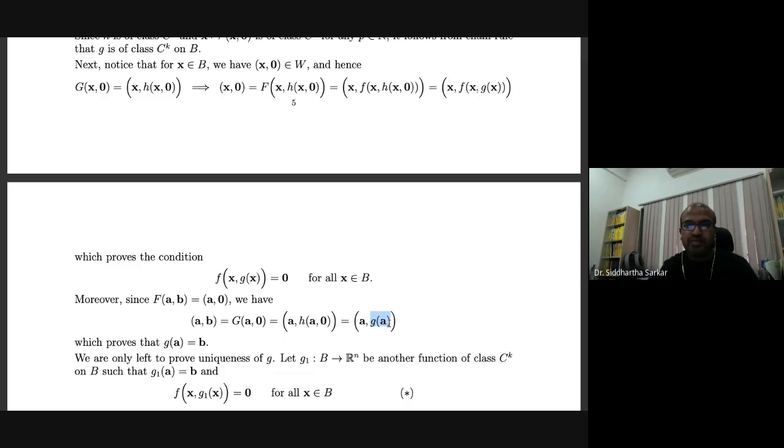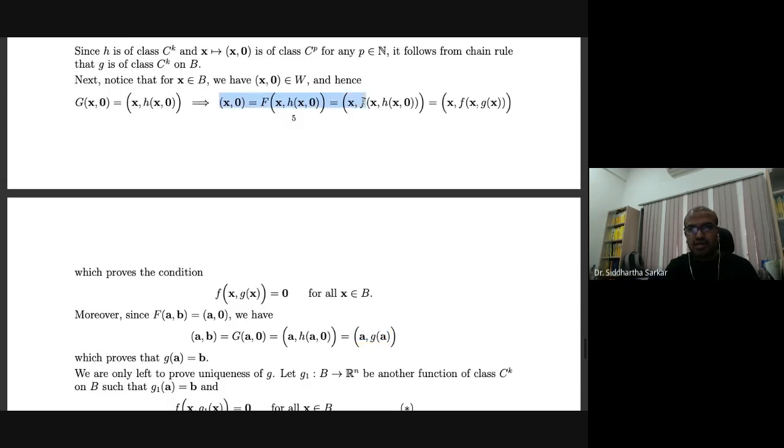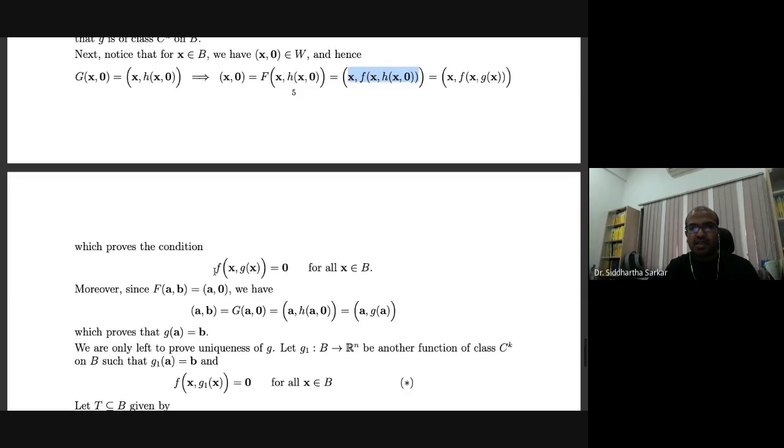So if I just compare these two coordinate-wise, I end up getting g(a) equal to b. This is part of the condition of the theorem. A similar principle would immediately tell you, using these calculations, again, each time you apply your F using g and then compare and match the coordinates, you end up getting f(x, g(x)) equal to 0. So that's not a surprise.